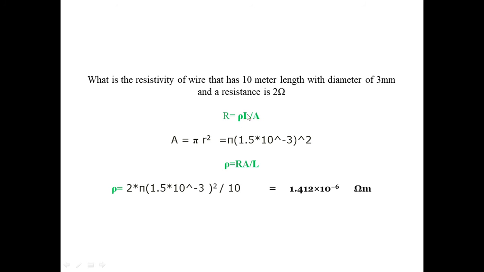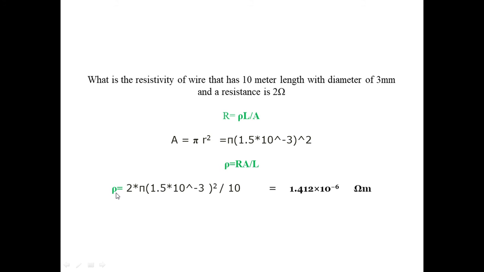So we have r equal to the diameter divided by 2. So we have 3 divided by 2, which is equal to 1.5 times 10 to the minus 3 squared.